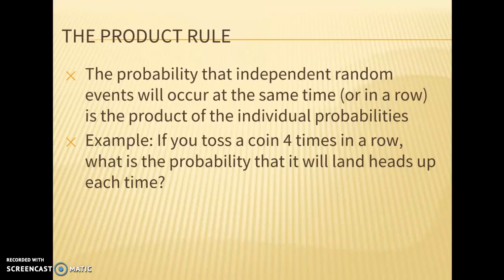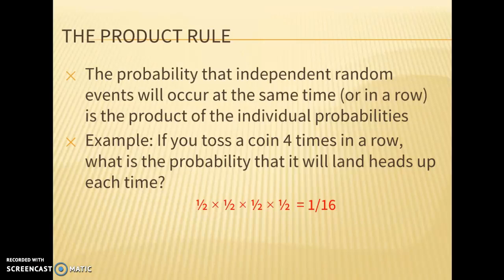So, if we take the 4 times and we multiply them together, that's the product rule here, we can see 1 times 1 times 1 times 1 is 1, and of course 2 times 2 times 2 times 2 is 16. So there's a 1 in 16 chance of tossing a coin 4 times in a row that it's going to come up heads all 4 times.